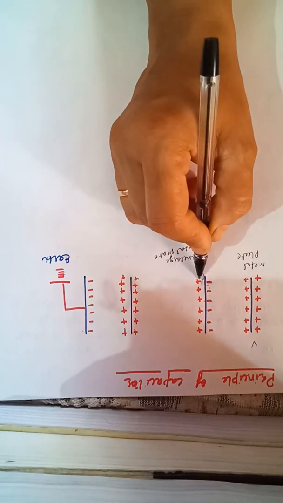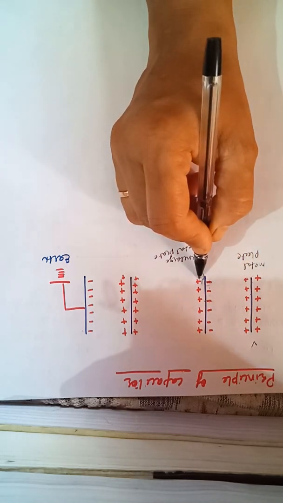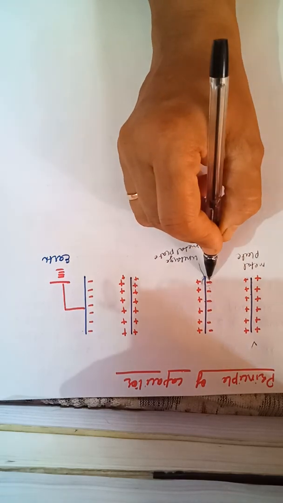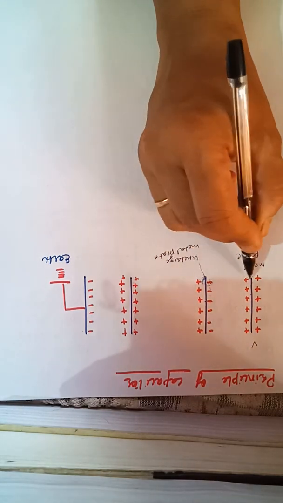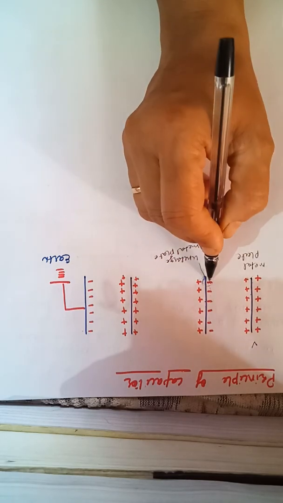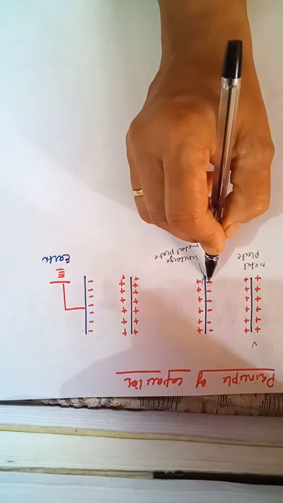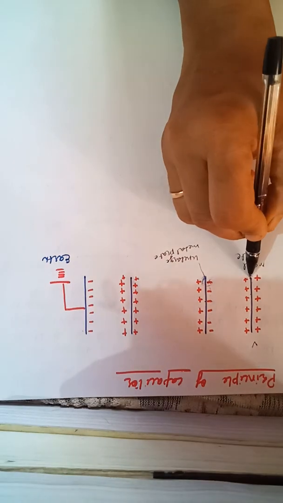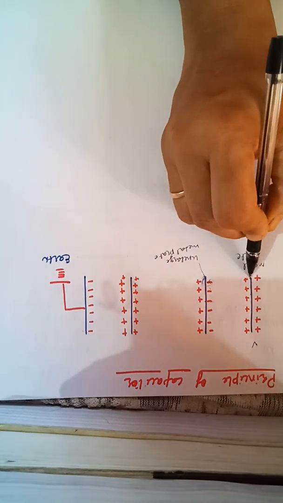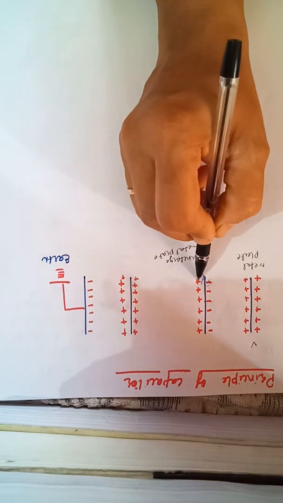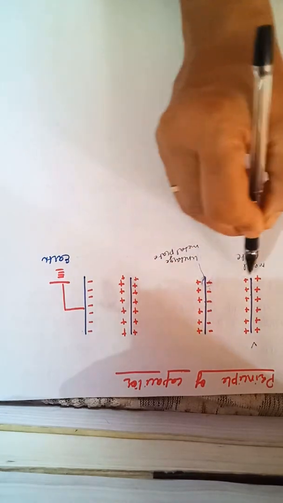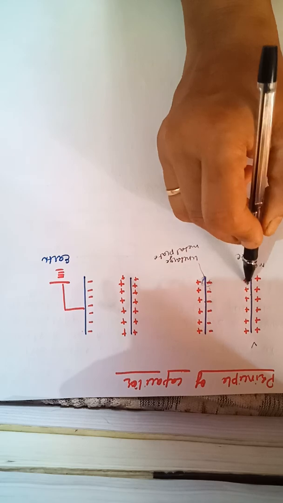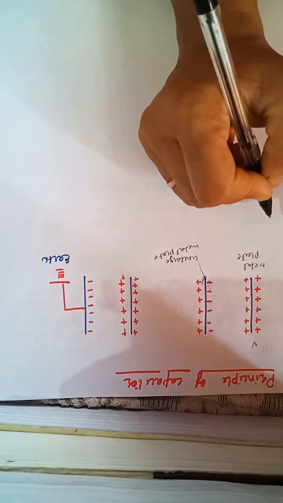But here you have a positive charge also, though the negative charge is much nearer to this plate compared to this positive charge. So this negative charge decreases the potential of this plate, but due to the presence of this positive charge which is away from the plate, the potential of this plate slightly increases also.